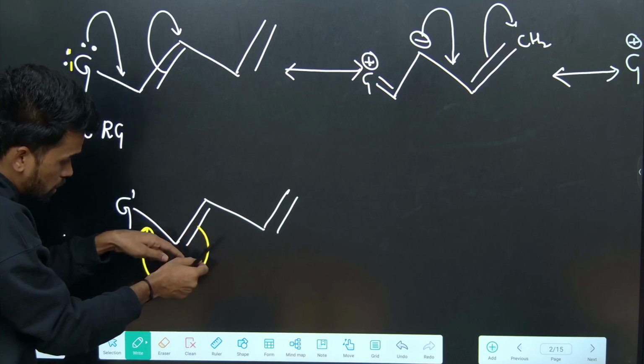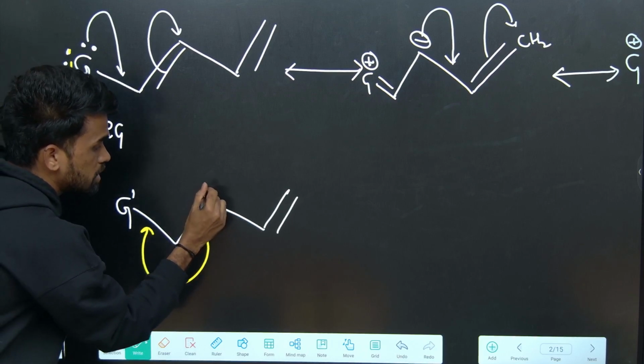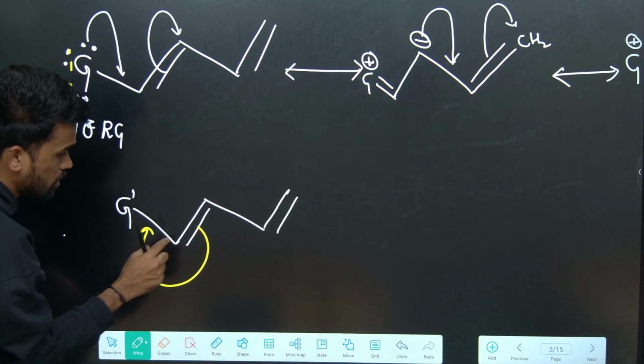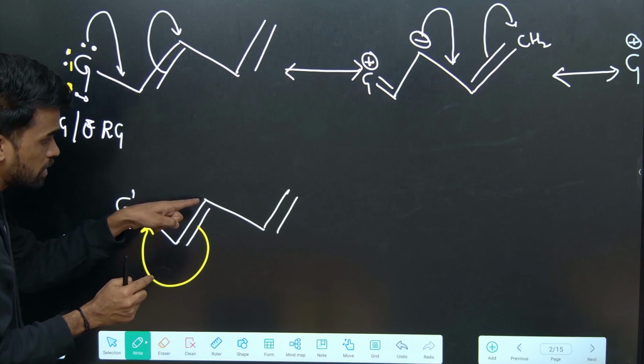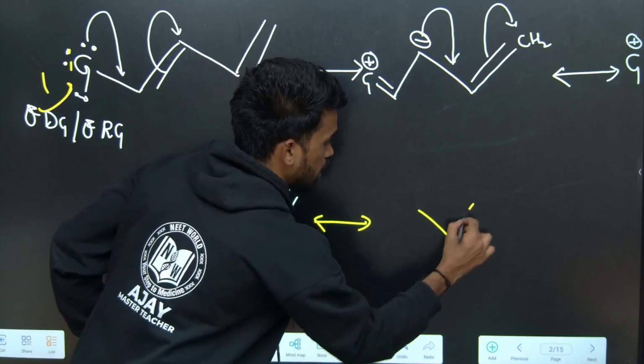So when it is dragging these electrons towards itself, it is creating a positive charge on this carbon, because this pi electron is shifting from here to here. So here we will be getting a positive charge. So like this you have to write.